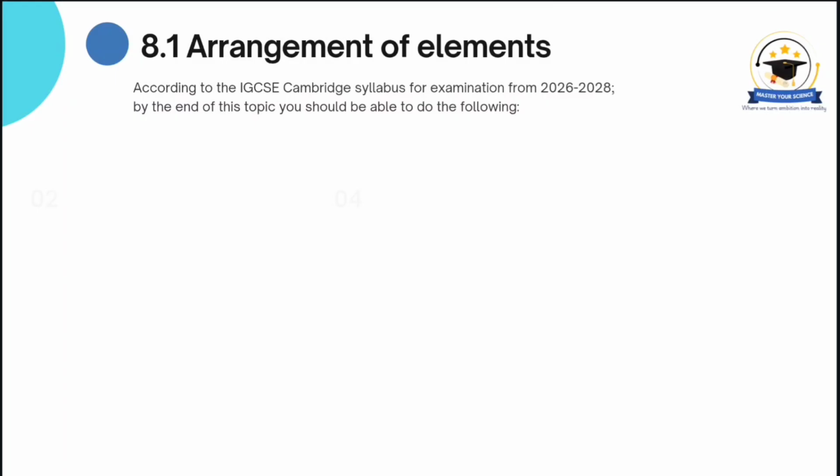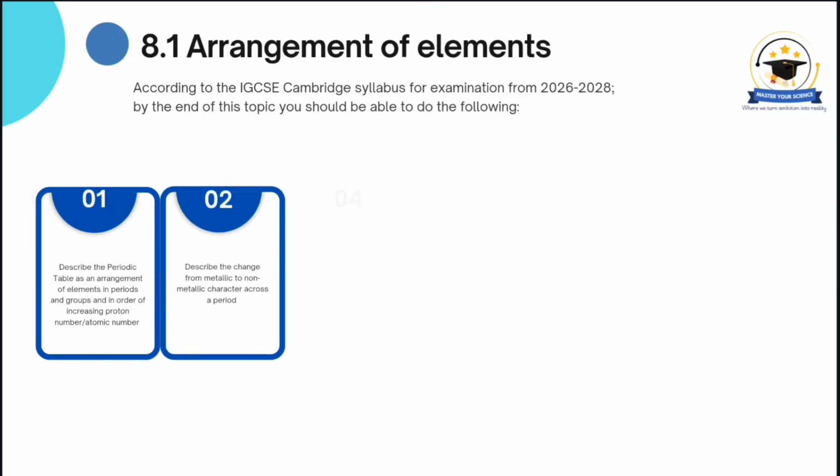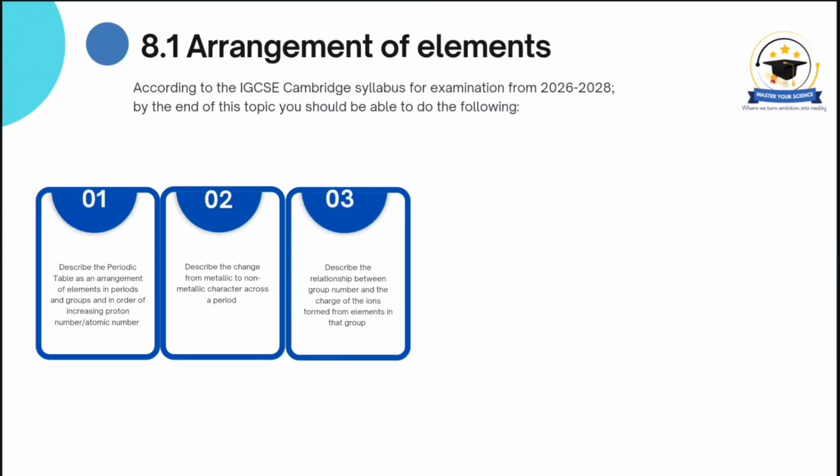8.1 is arrangement of elements, and according to the IGCSE Chemistry syllabus for examination from 2026 to 2028, by the end of this topic you should be able to describe the periodic table as an arrangement of elements in periods and groups and in order of increasing proton or atomic number. Describe the change from metallic to non-metallic character across a period.